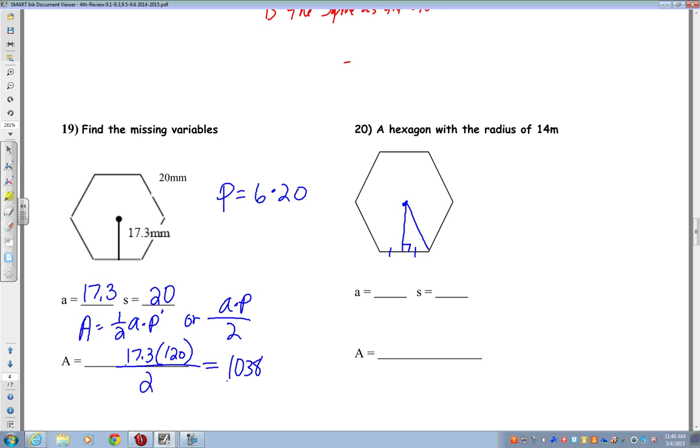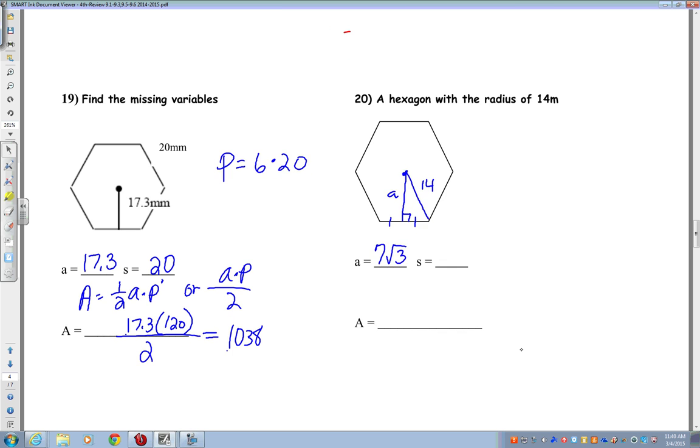The S stands for the side. Okay, so if the radius is 14 and this part over here represents the apothem and it's a hexagon, what would that measure of that apothem be? Yeah, 7√3. It's just half the radius. No, you just keep the √3.